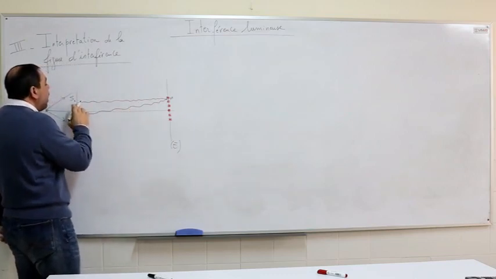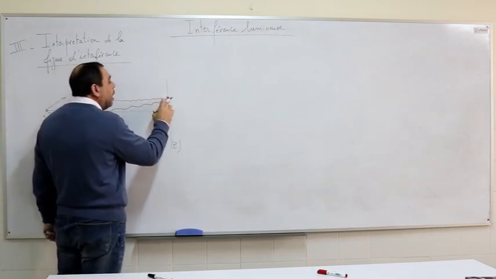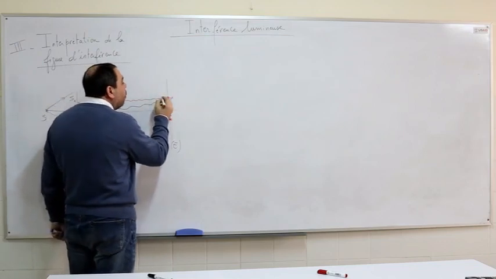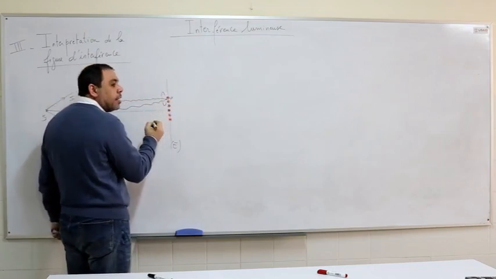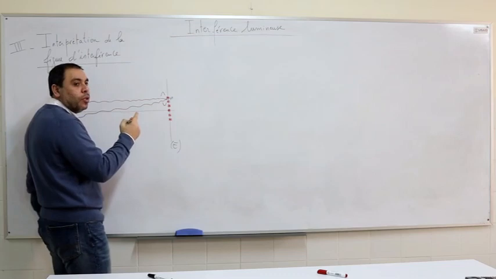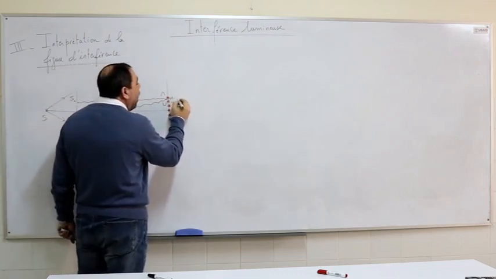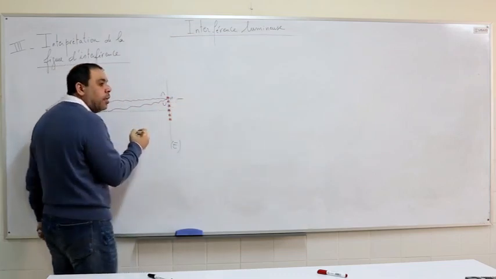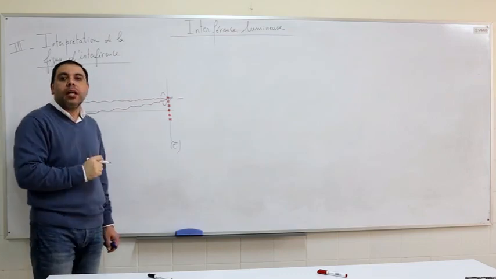If the waves that come from S1 and S2 superpose in opposite phase, the luminous intensity at M will be 0. Thus M is a dark point.